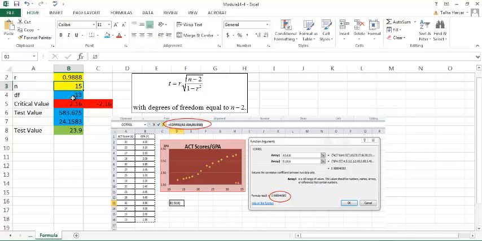The degrees of freedom for this test is n minus 2, which, as you can see here, is B3 minus 2. And the critical value uses TINV, the function for the t-test, with B1 and B4. Let me click on the function so you can see.